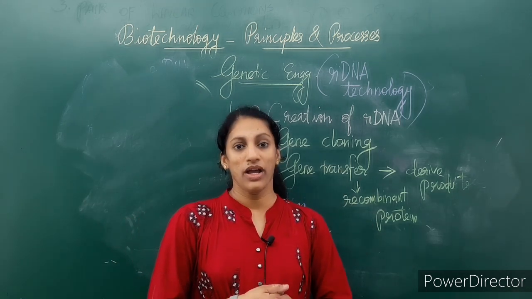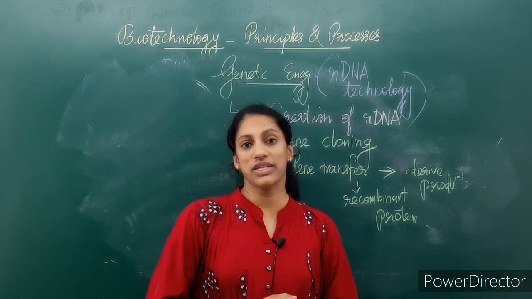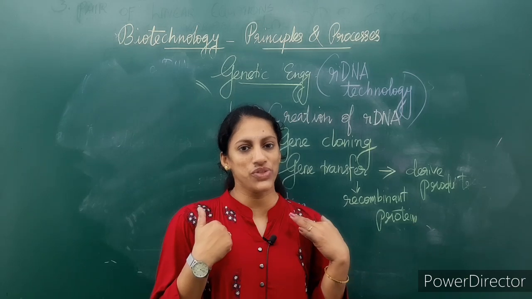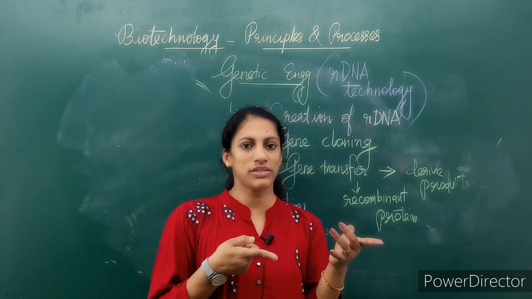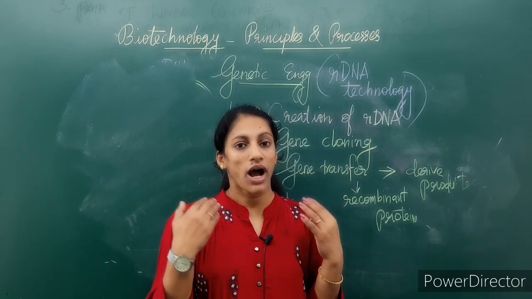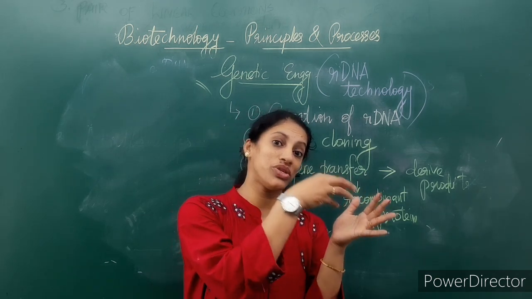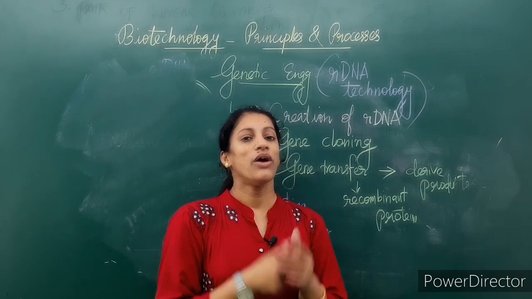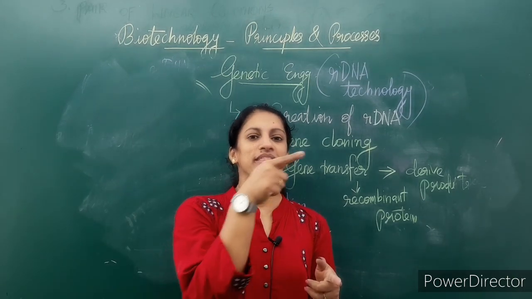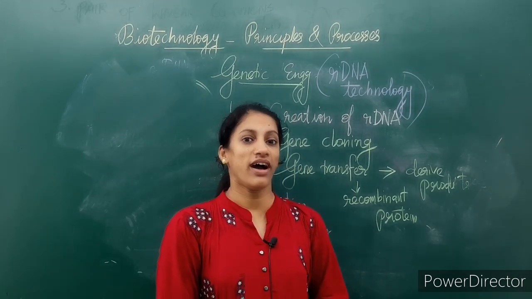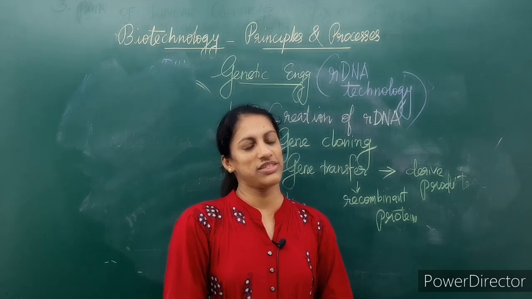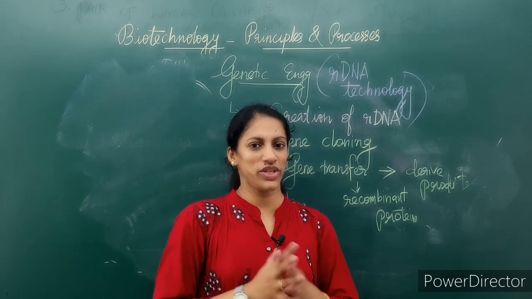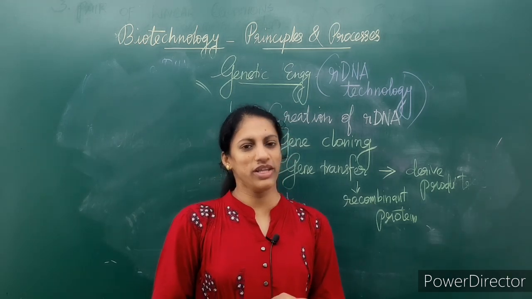And one more thing we have discussed is, in order to transfer a gene to another organism, we should ensure that our gene is incorporated into the genome of that organism. These are the major things we discussed today.